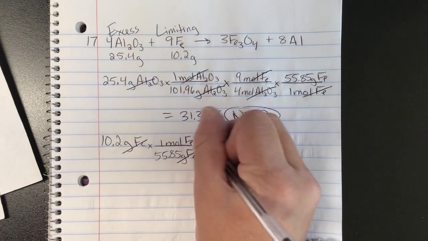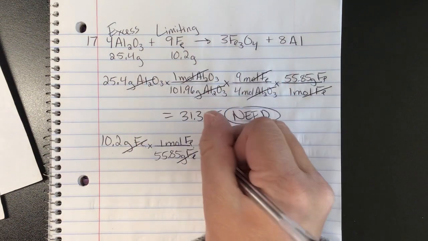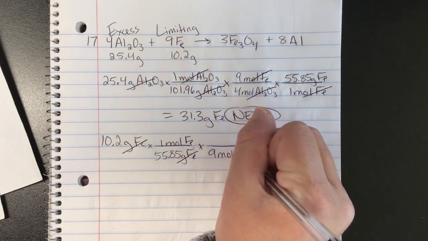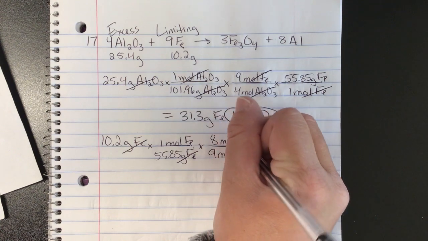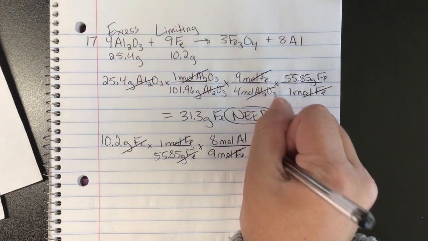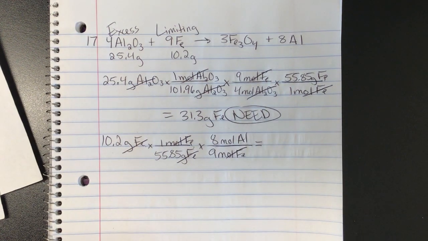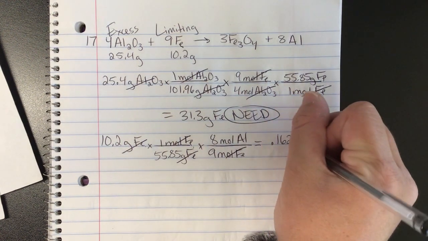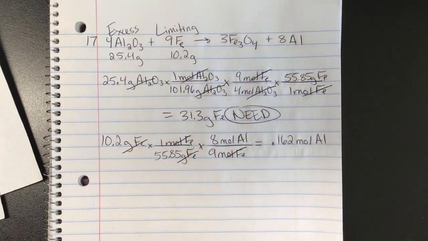So that cancels, and then we do a mole-to-mole ratio, 9 to 8, so 9 moles iron, 8 moles of aluminum. And again, it's asking for moles of aluminum, so I don't want to go back to grams. I just want to finish it there. And I get 0.162 moles of aluminum.